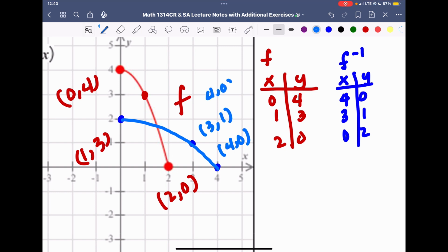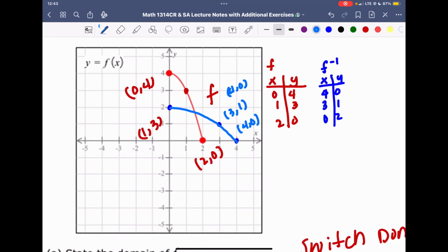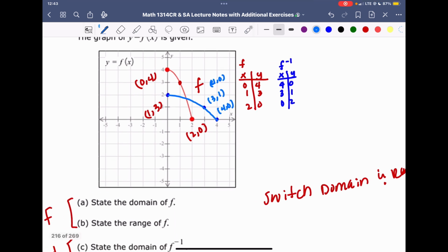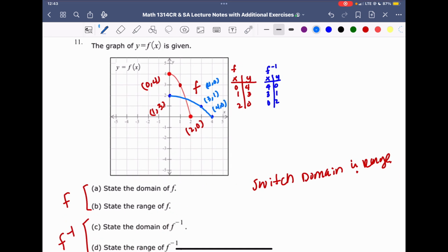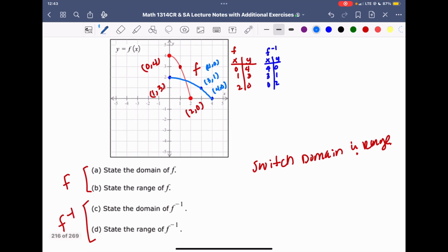And 4, 0. So then we're going to talk about domain and range. It's going to be more apparent now that you have a graph. And remember, these are included, so they're going to have brackets. Domain is from left to right. Domain of f is going to be 0 to 2.